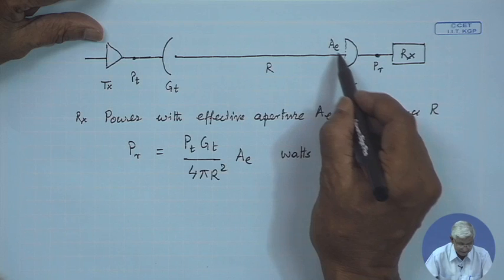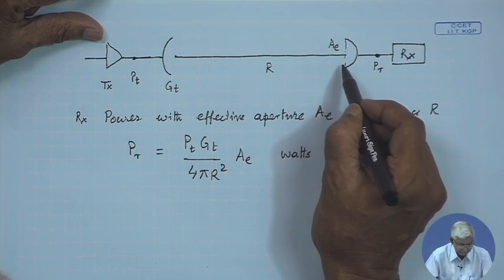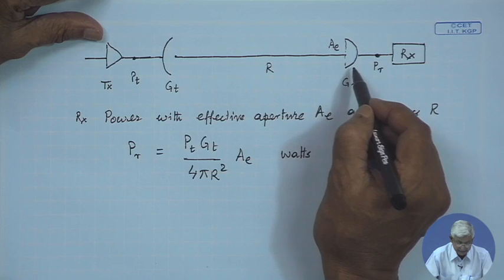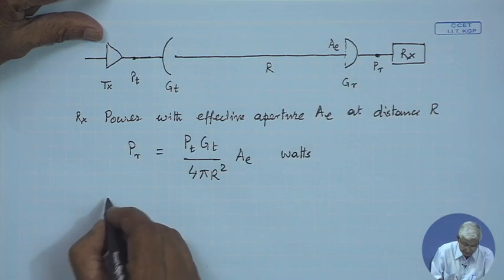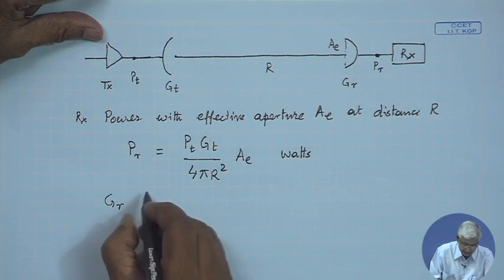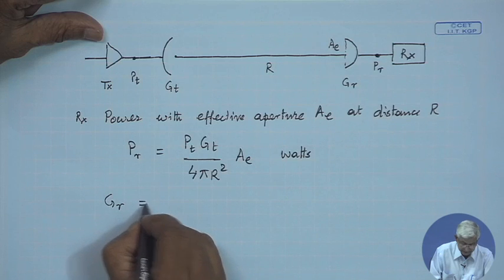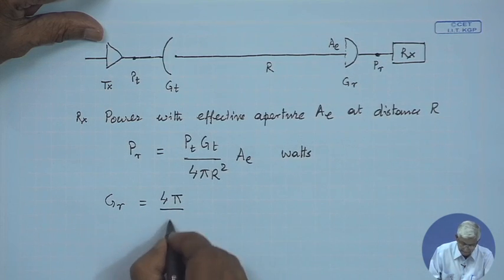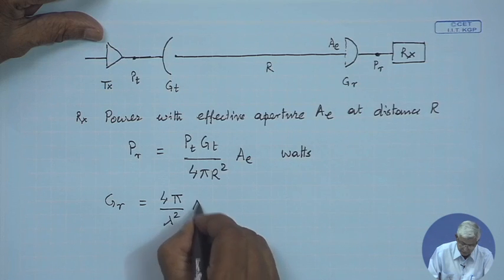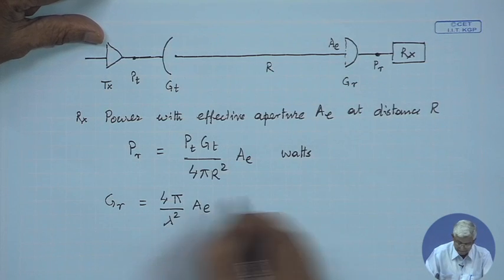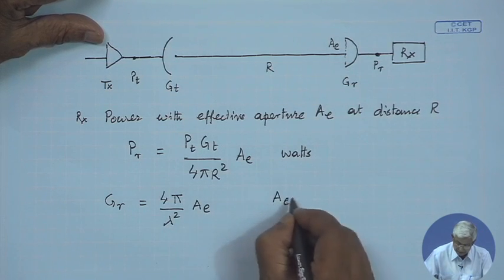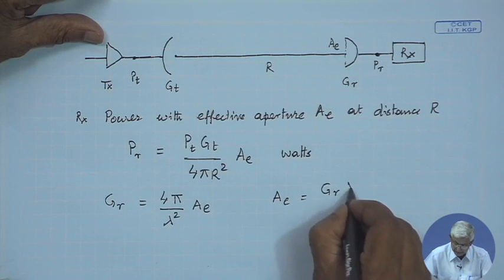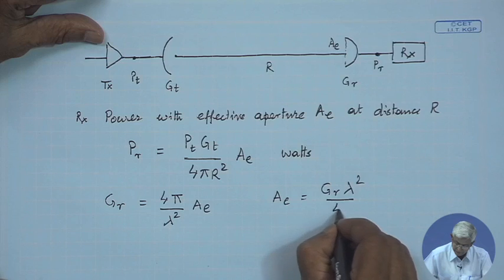Now, this is effective aperture, and of course, it is related to the gain of the antenna. So, we have seen earlier that gain of the antenna, in this case receive antenna, is 4 pi by lambda square into effective aperture. That means, effective aperture is equal to receive antenna gain into lambda square by 4 pi.